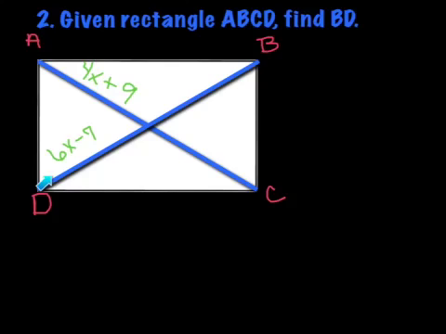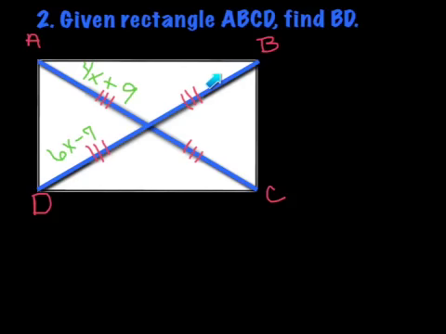So what we could do is remember that the diagonals are congruent bisectors, which means that they are congruent in this way. Okay, so that tells us that this length has to be the same as this length, and this length has to be the same as this length.